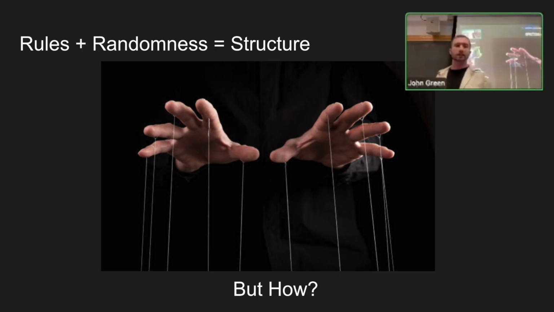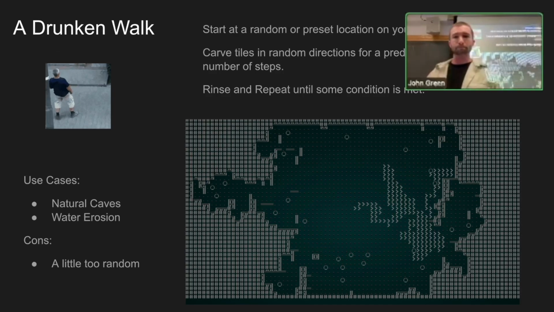It's just the easiest way to go about it. It makes the most sense. But remember that you can apply these to branching storylines or character generation. It's all just math at the end of the day. So bear with me for those of us that aren't math people. We're going to get through some cool algorithms here.